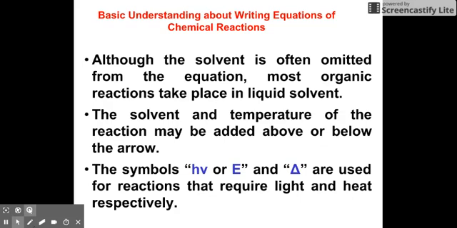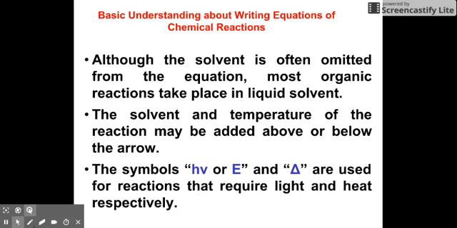You would also see symbols such as E or hν and the delta sign. This is delta, the small triangle. Both of those indicate the requirement of light or heat for the reaction to proceed.